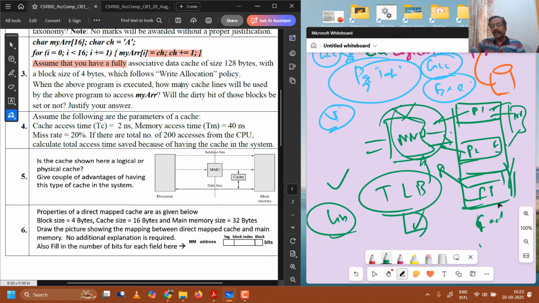They will also be helping each other in terms of having physical caches. That's why in recent processors you will find that physical caches are used for better performance in recent CPUs.